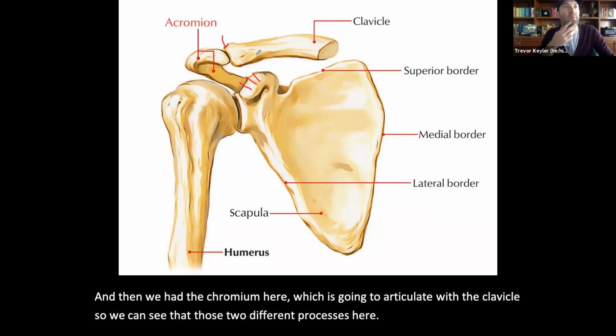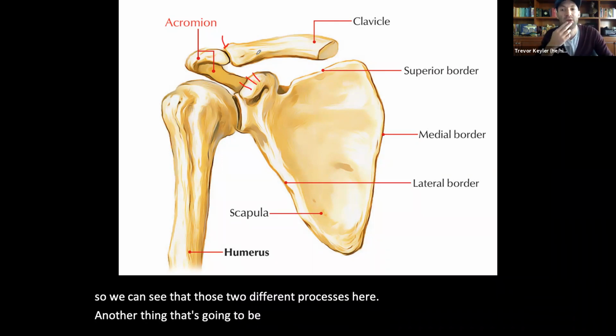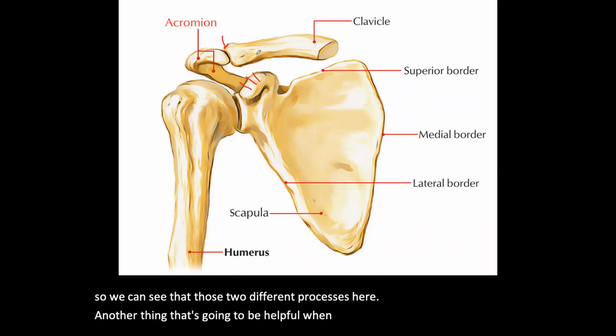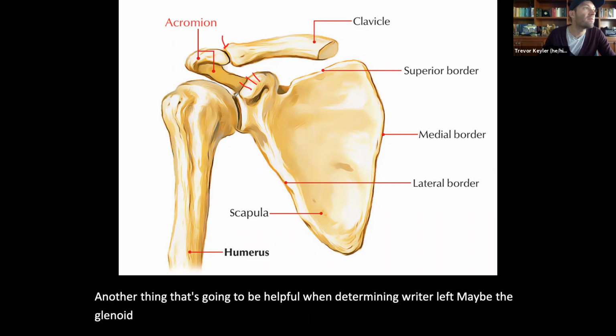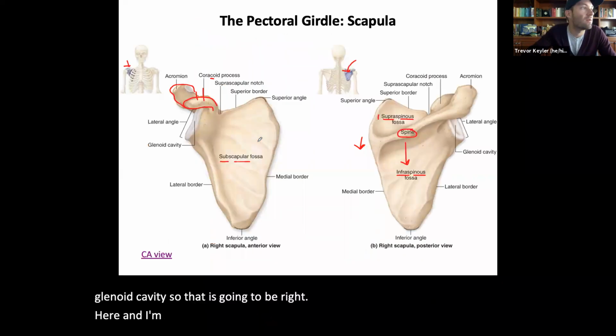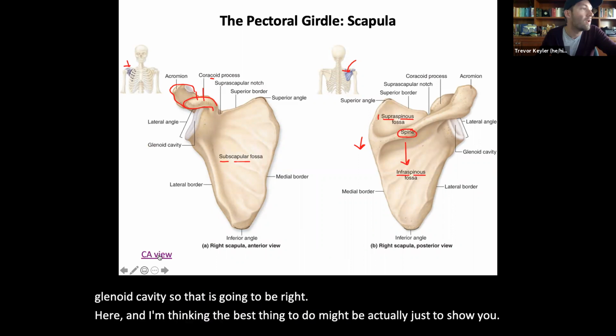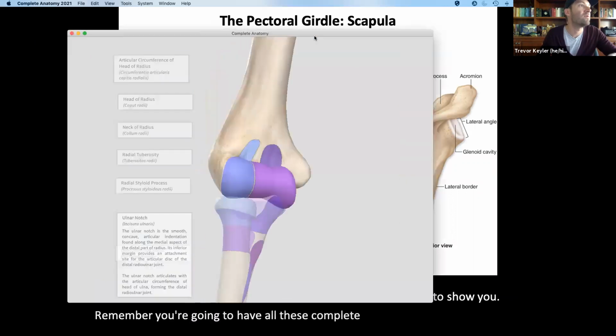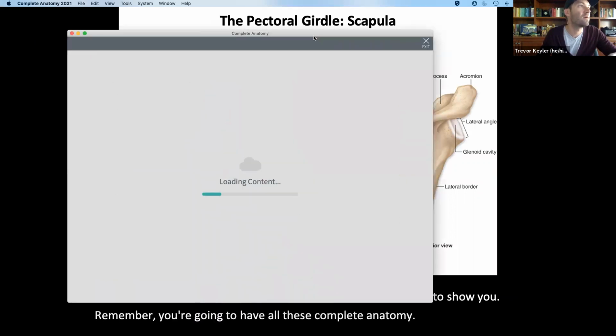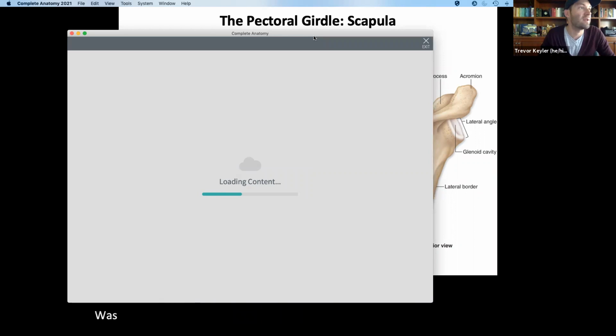Another thing that's going to be helpful when determining right or left may be the glenoid cavity. That is going to be right here. And I'm thinking the best thing to do might be actually just to show you, because remember, you're going to have all these Complete Anatomy views as well, those hyperlinks within there that you can access at any time to help.